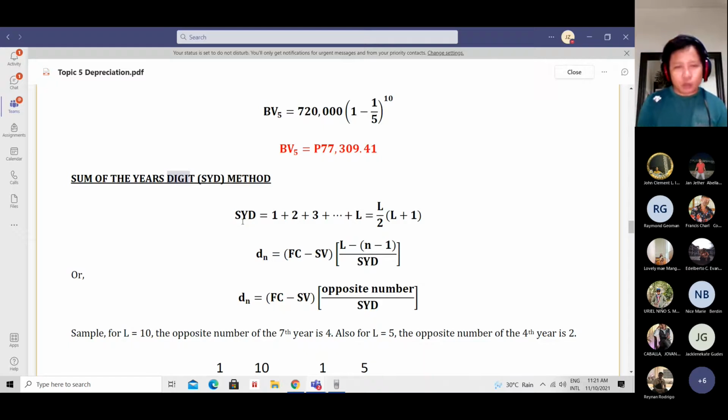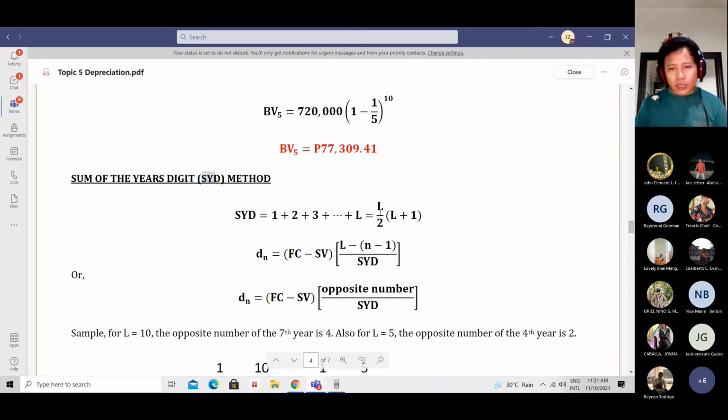So, very time consuming. Instead of a very time consuming way, this is the formula, the shortcut of solving for the SYD: L over 2 times L plus 1.